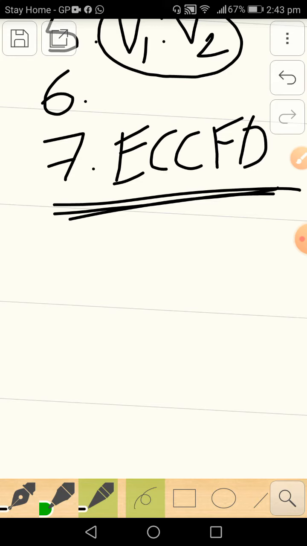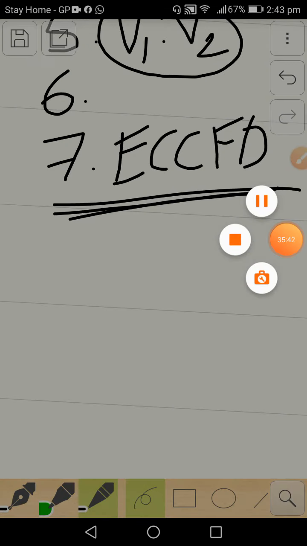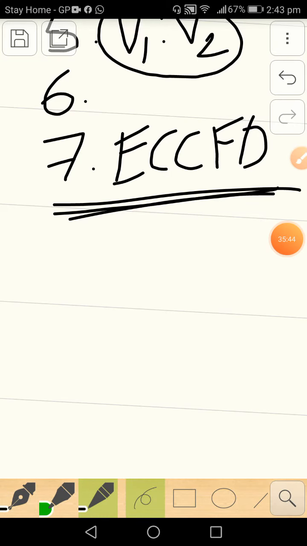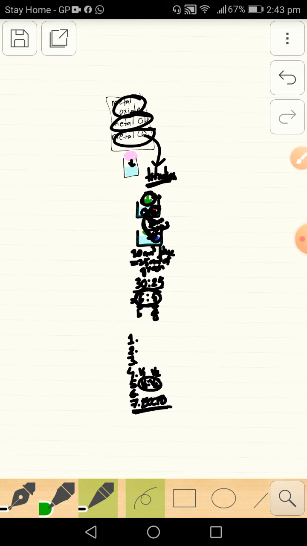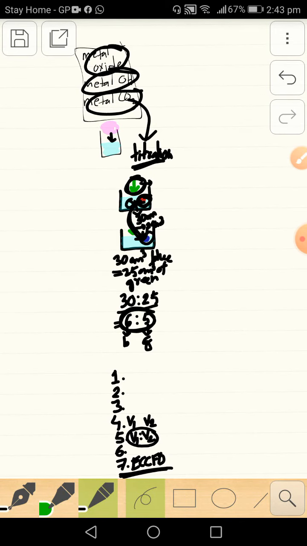If these solids are insoluble, then we use the first method, that means add excess solid to limited acid. And if the solids are soluble, then we employ this method of titration.